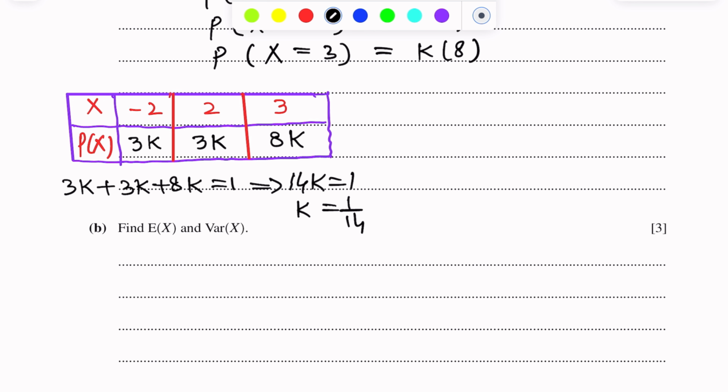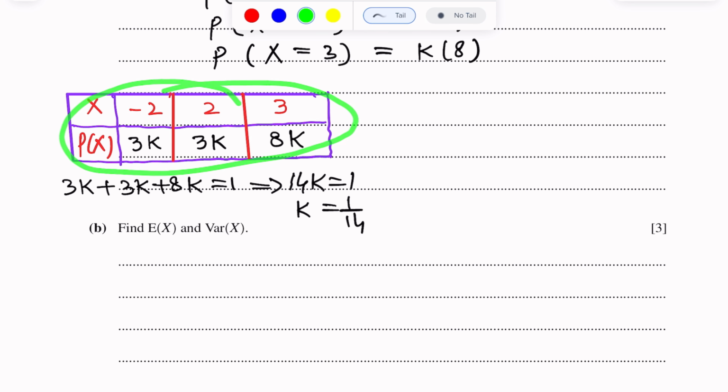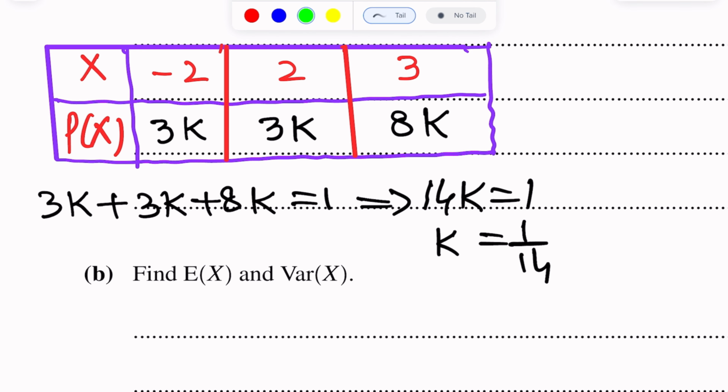Now again we will construct this table. So we may put the value of k here.